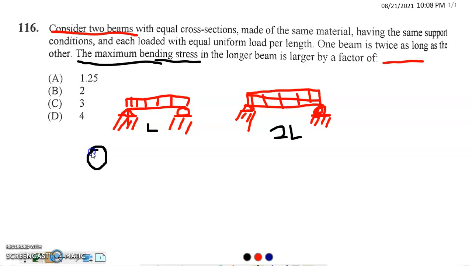Sigma is what we use to designate maximum bending stress. So sigma equals MC over I, where M stands for moment and C is where the neutral axis occurs. So please don't forget that.